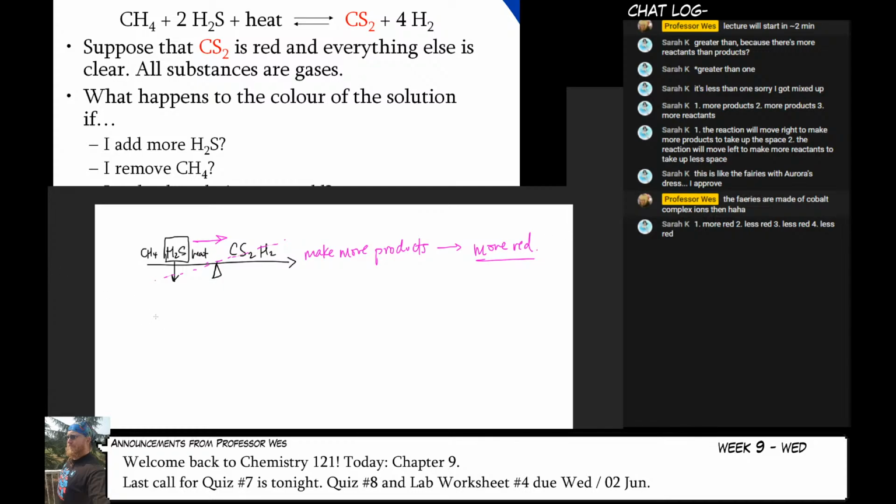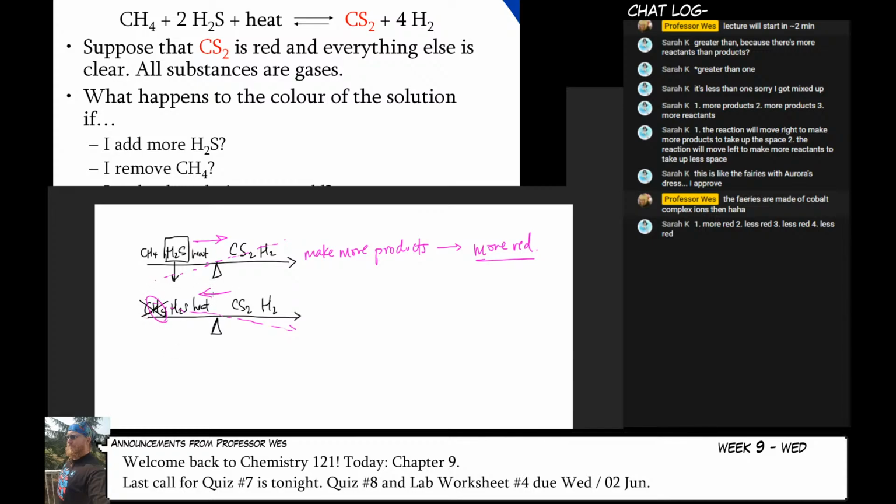Now for the second one, if I remove CH4 here, now I have too few reactants, and so my equilibrium will be like this. In order to fix this, I have to replace the CH4 that was lost, right?